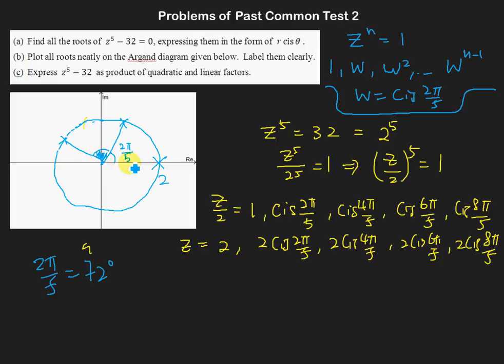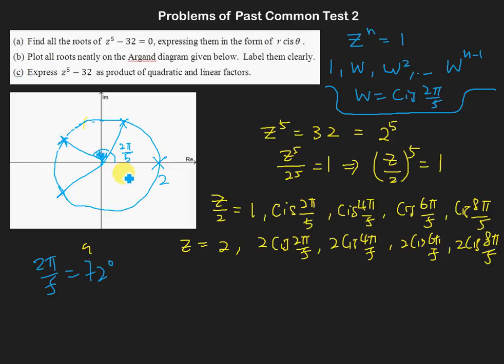And for the fourth one, we know that the conjugate will present itself in the solution. So the fourth one will be the conjugate of the third one, and so it will be right here, because the conjugate is a reflection in the x-axis, if you recall.